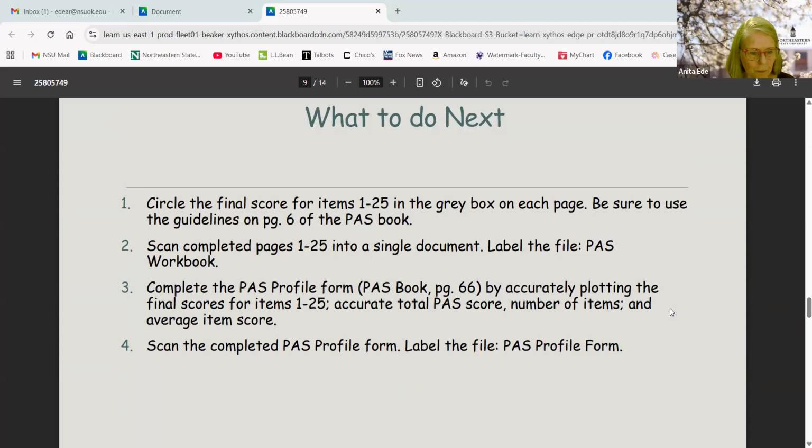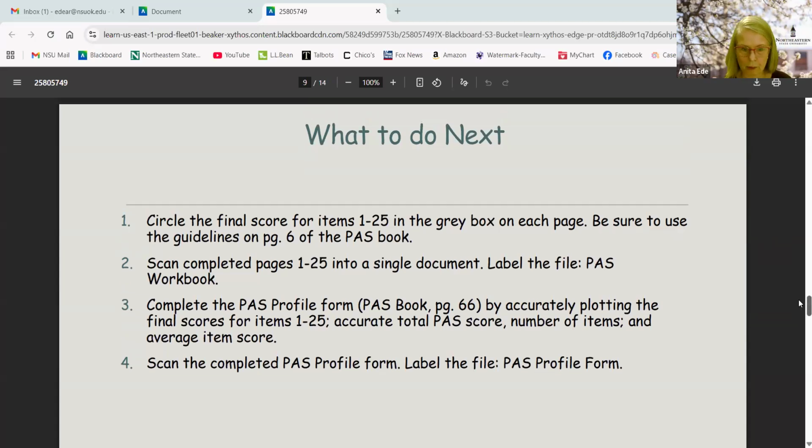And then you're going to fill out the PAS profile form. The PAS profile form is in your book on page 66, and that is really just shorthand for everything that you just found.